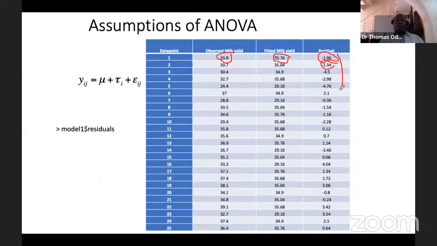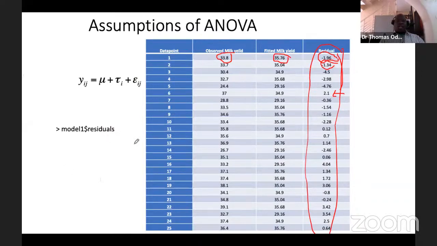That means our model overestimates the amount of yield that the animals will get. Then number 6 is positive. That means it underestimates the value. So these are the values. Finally, when we are looking at the assumptions of analysis of variance, these are the values that we are actually going to consider in our analysis.